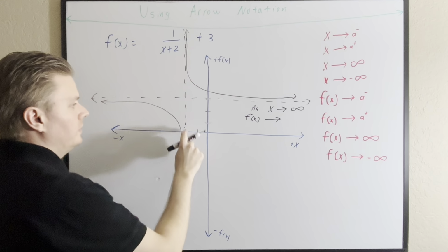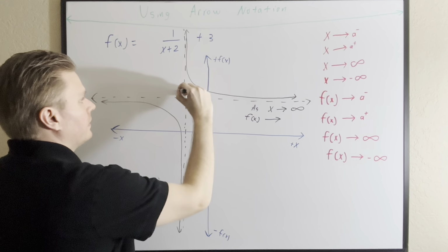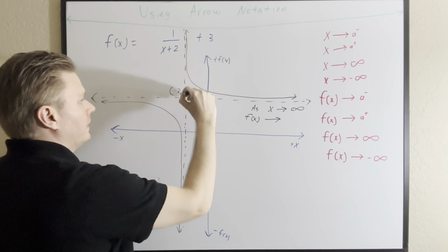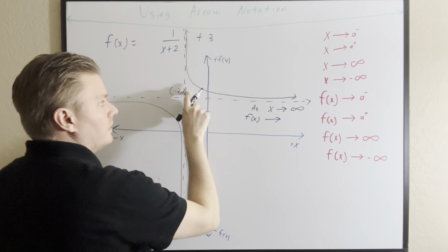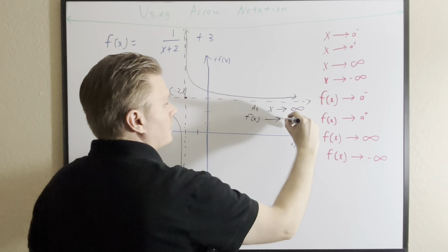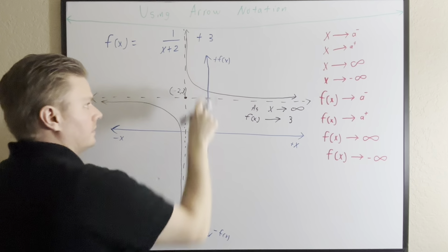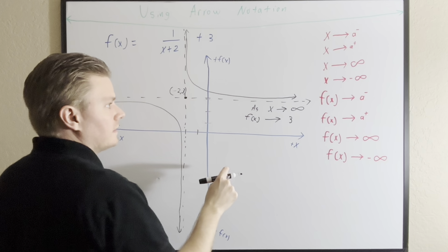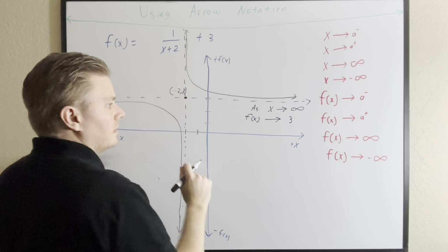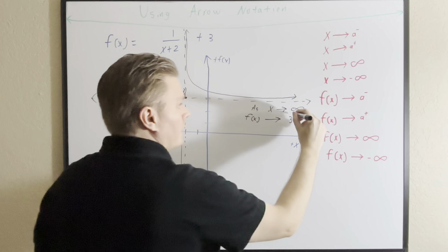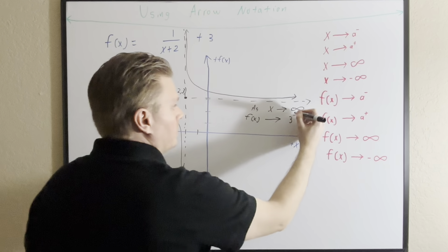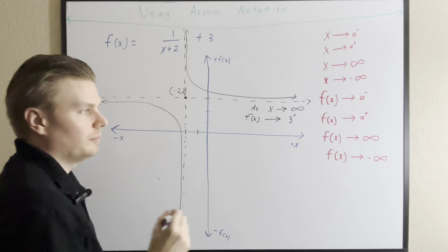What is this? Negative 2, positive 3? This is the point right here. F of x approaches positive 3, right? Because it's the vertical element. From what? The positive side, from the top of it. So we don't put a negative there, we put a positive.